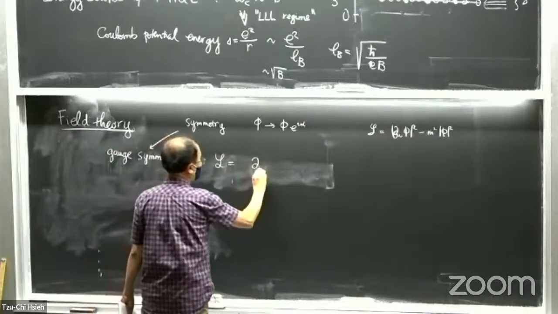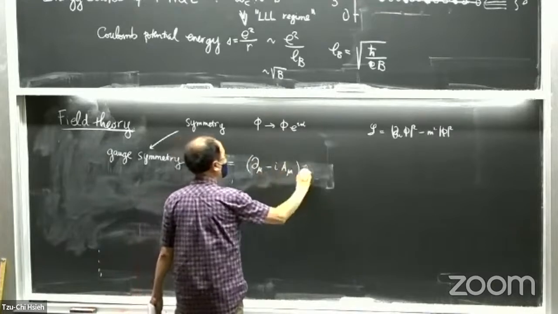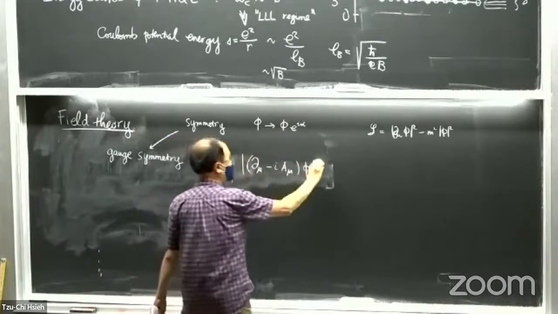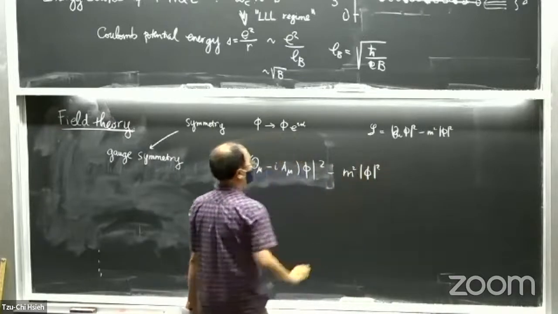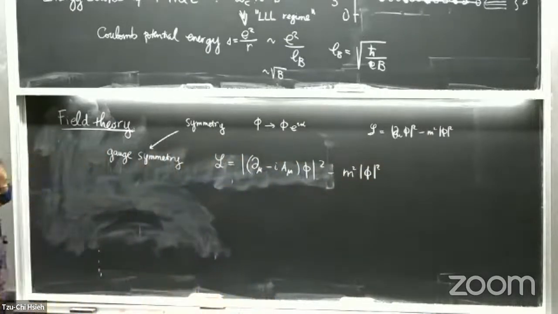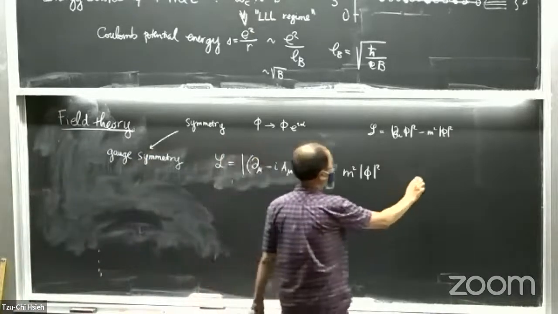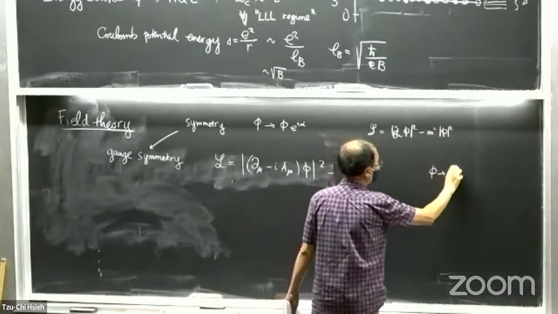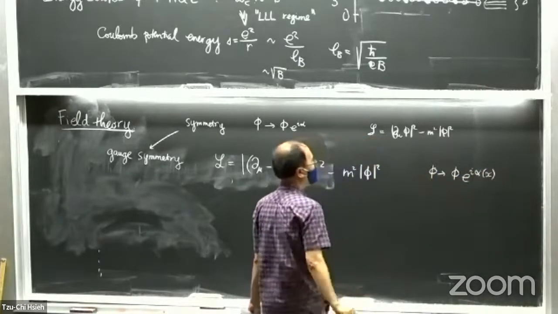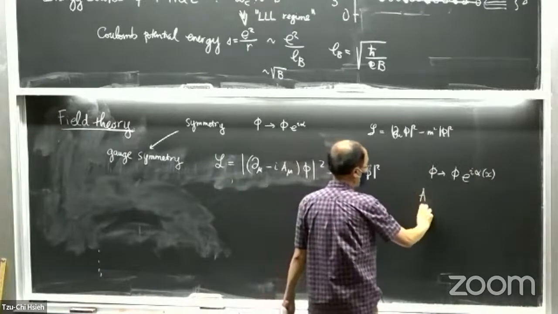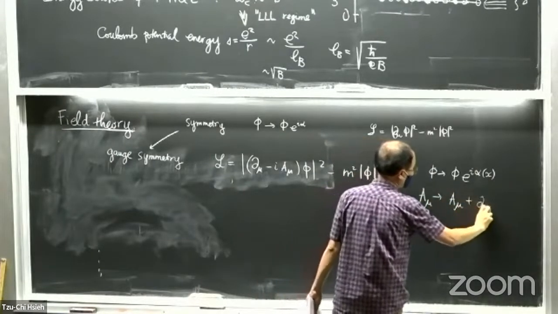Let me write down what you would usually see in the beginning chapters of a field theory course. This Lagrangian is now invariant under a gauge symmetry, which means phi goes to phi e to the i alpha of x. Alpha doesn't have to be a constant, and A_mu goes to A_mu plus the derivative of alpha.